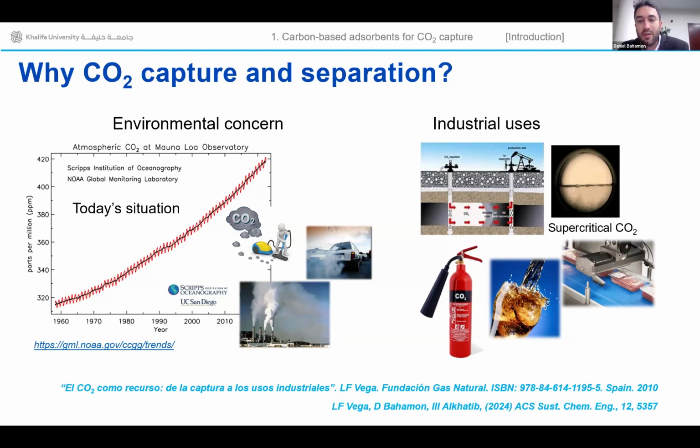There are many uses. If you need more details, maybe you can take a look at the recent paper we published in ACS Sustainable Chemistry & Engineering, in which we show the perspectives of this CO2 capture for conversion and use in the different markets.